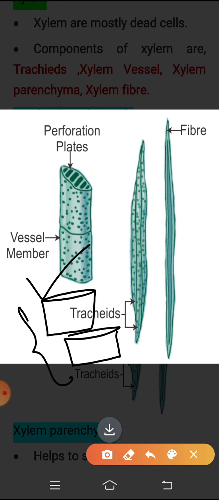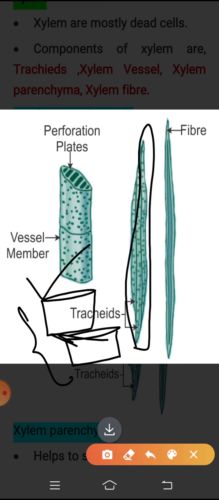You can observe the two vessels here. They are placed without having any cross wall. They are not having any space in between them. They are connected to each other, so water can easily pass through them. So tracheids and vessels both help in conduction of water and minerals through pipe-like structures.